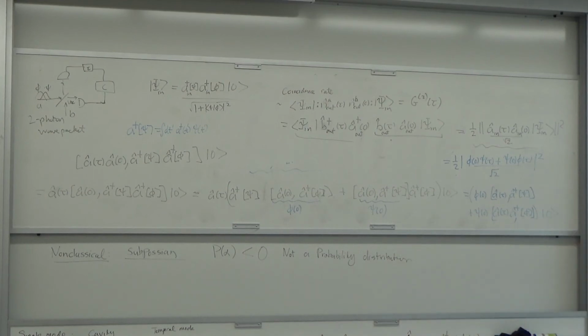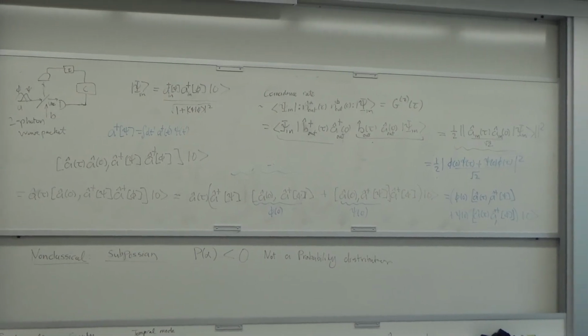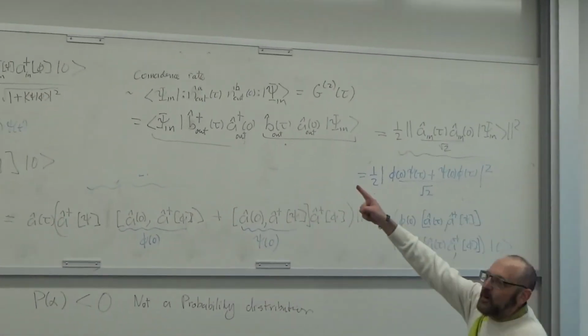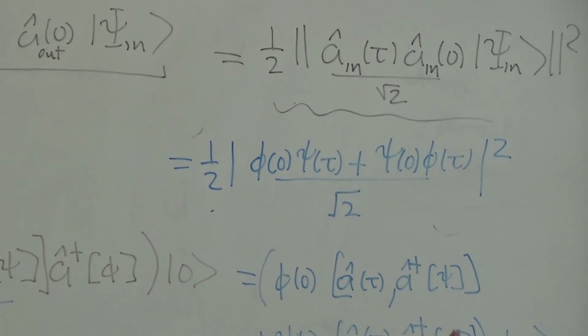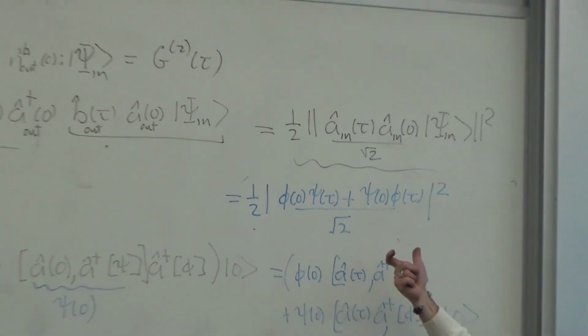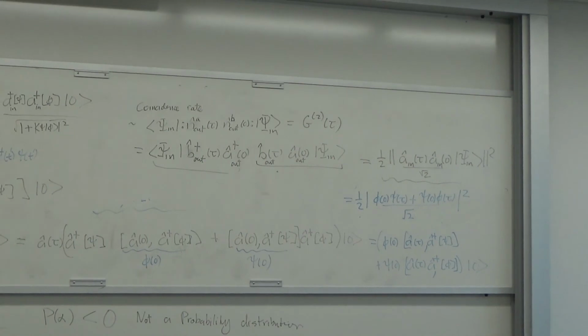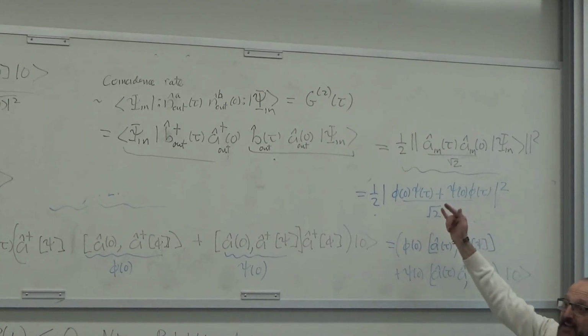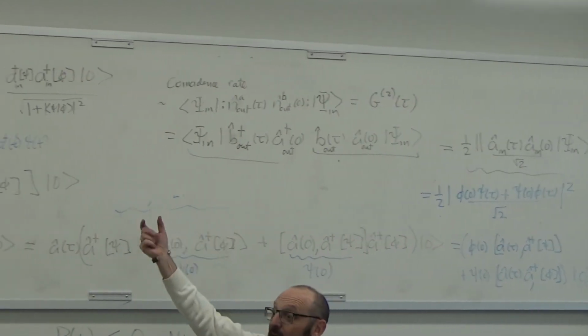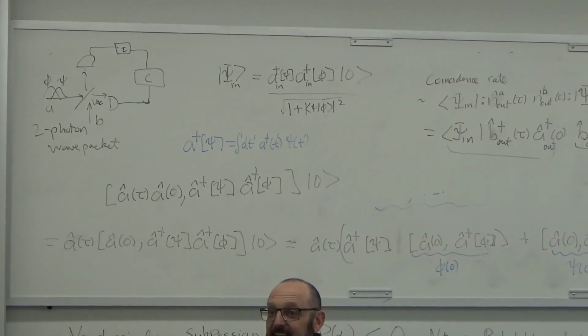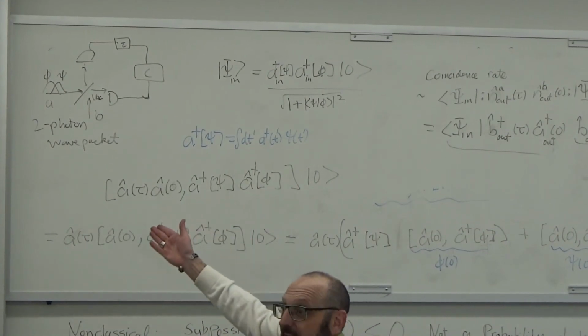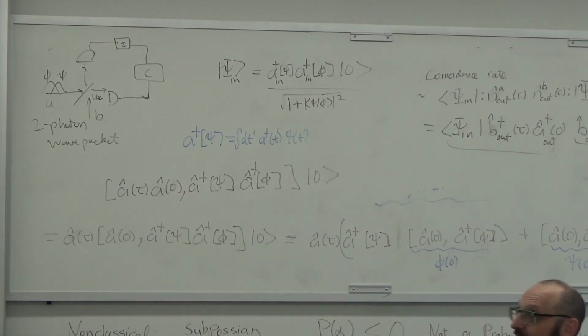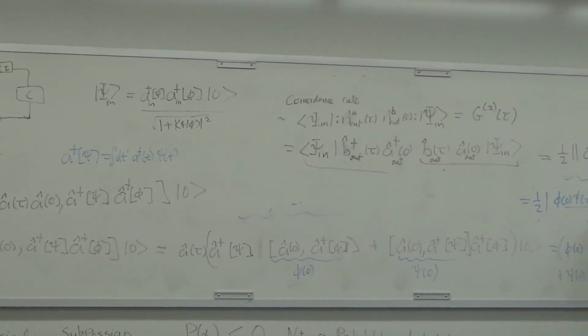Oh, that is so good. What did we just find? This joint coincidence rate is related to the square of the two-photon wave function. But the two-photon wave function is symmetrized because these are bosons. I can't say that one of the photons was in the packet psi and the other one was in the packet phi. I don't know which one hit.